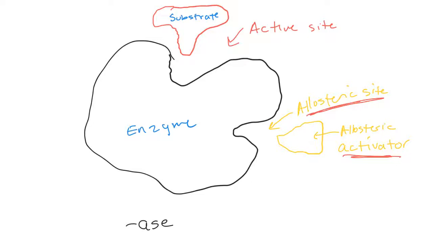So in this instance, this allosteric chemical here binds to this site, and once it does, so this would be like step 1, it'll change the shape of the enzyme, so then step 2, the substrate can then bind to the enzyme. But it can't do that until the allosteric activator does that.